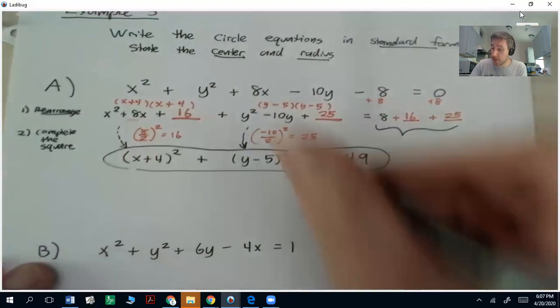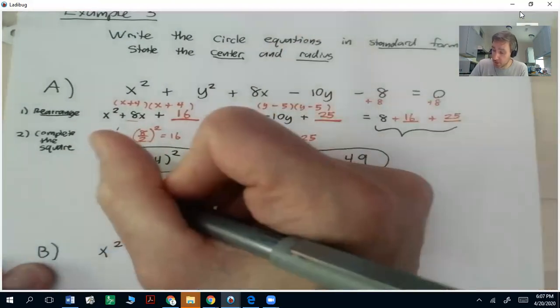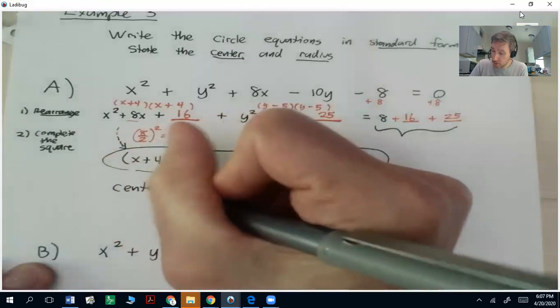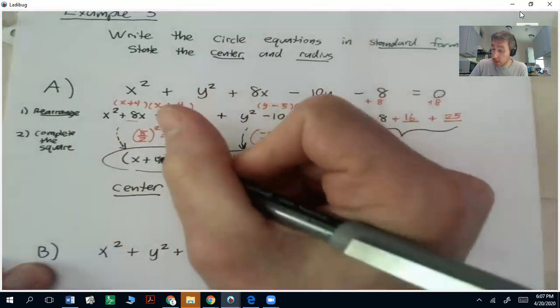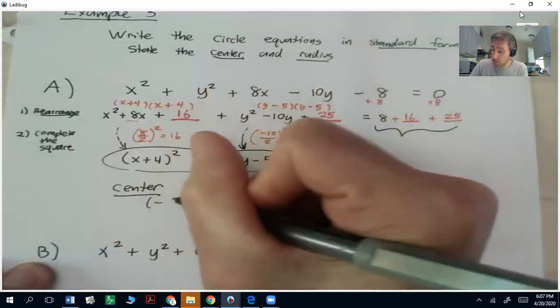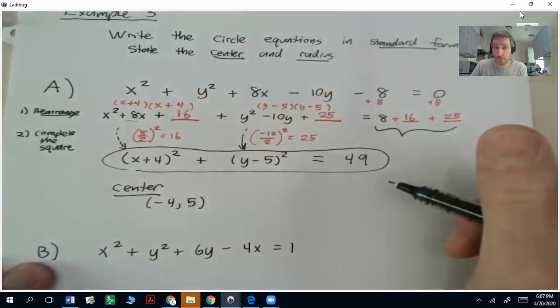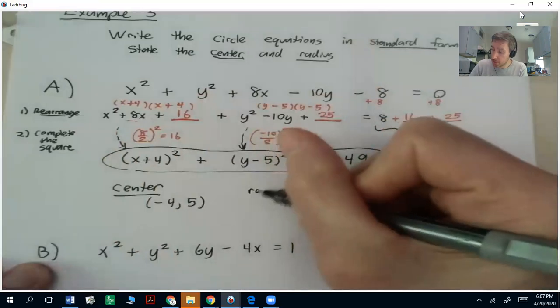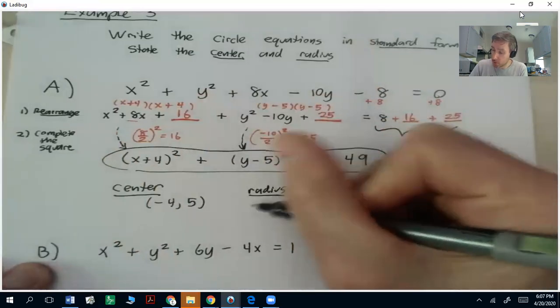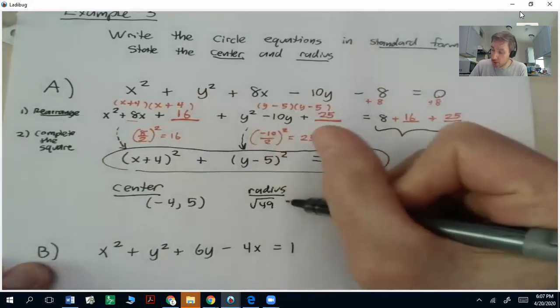So to identify the center and the radius, switch the signs for the center. Center is going to be negative 4, positive 5. And the radius, well, that's going to be the square root of 49, which is 7.